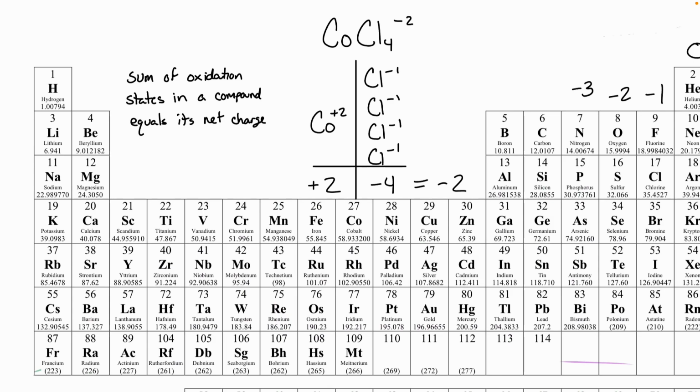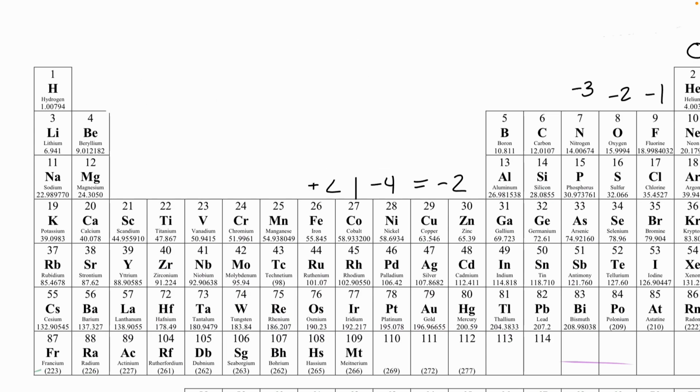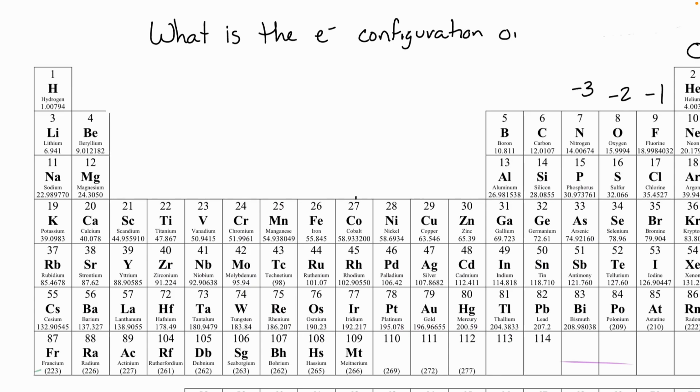All right, so then to sort of wrap up everything that we would have learned today, what can I ask you to do? I could say something like, what is the electron configuration of manganese in this complex here?